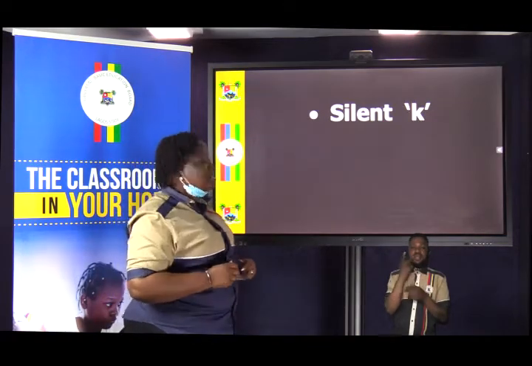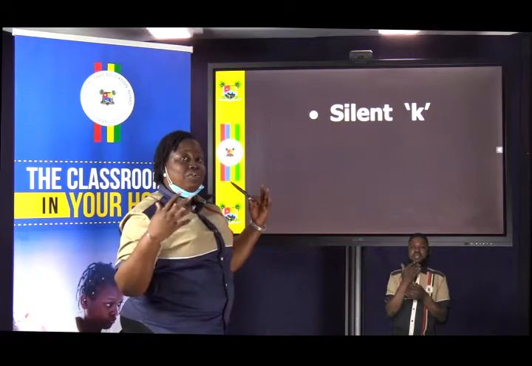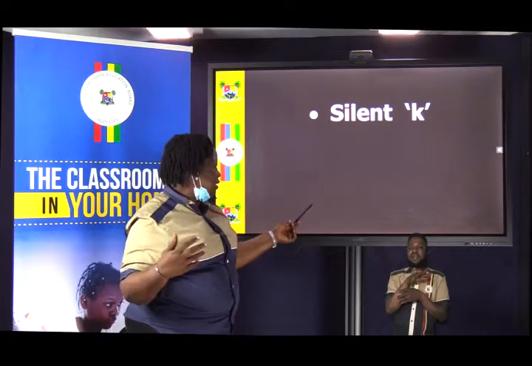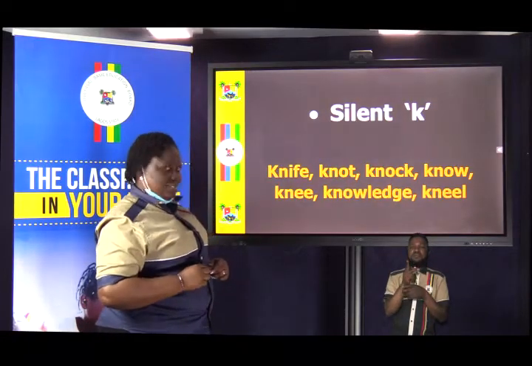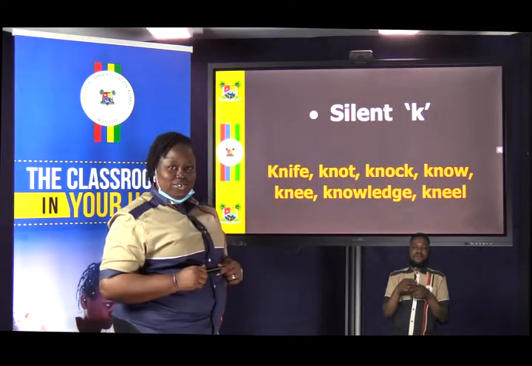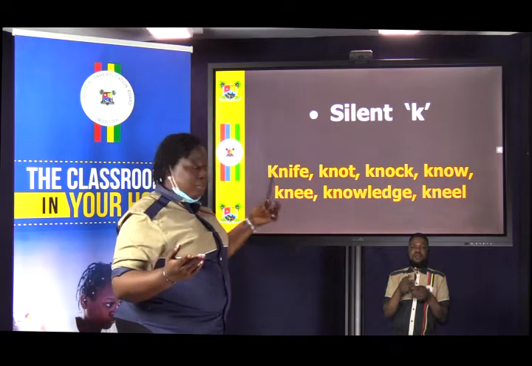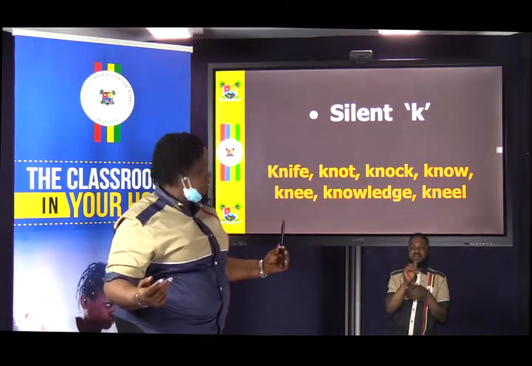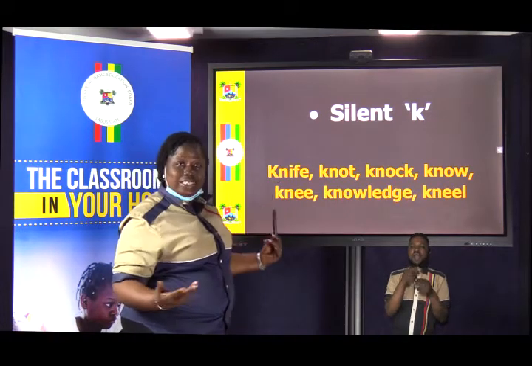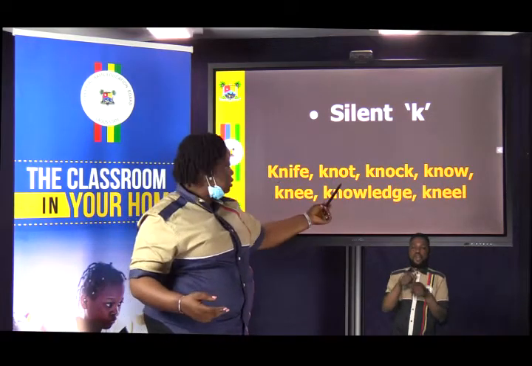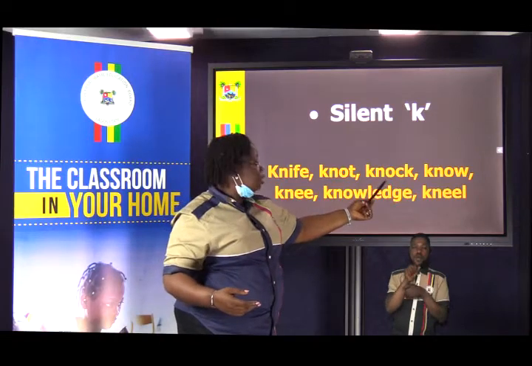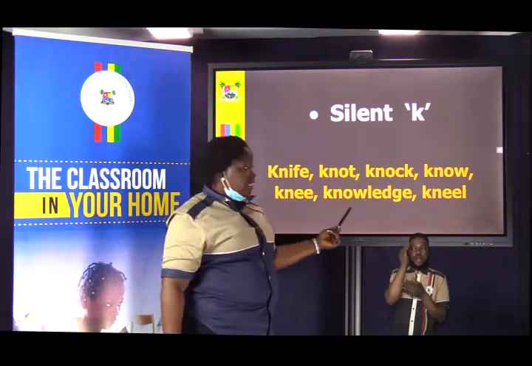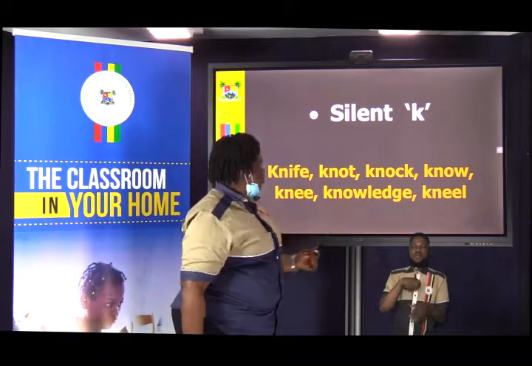Now, let's look at some words that have the silent letter K. Silent letter K. Yes. Knife. Nobody pronounces this with the K. So the correct pronunciation is knife, not, knock, no, knee, knowledge, and kneel.